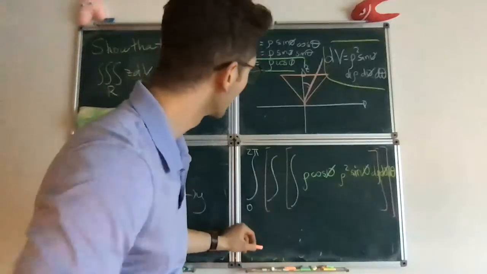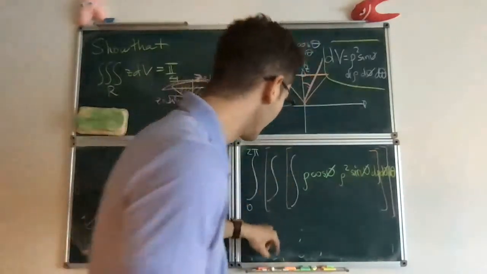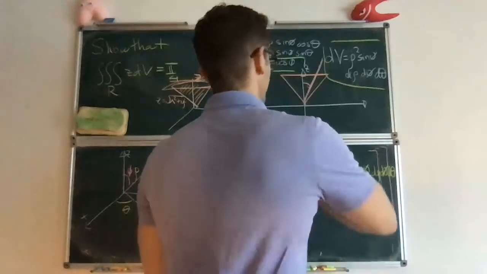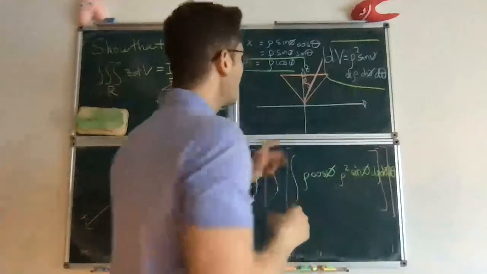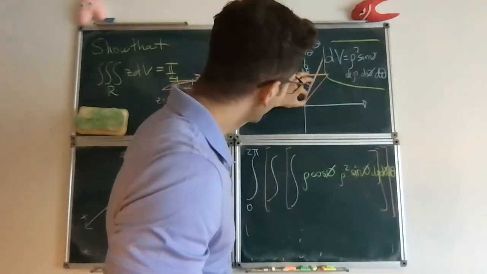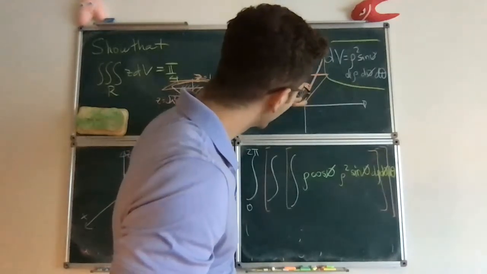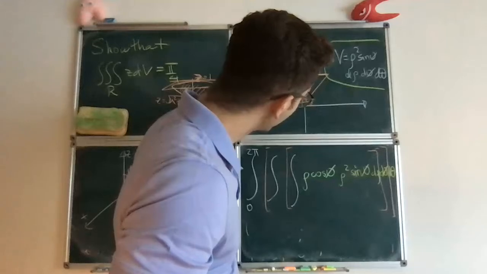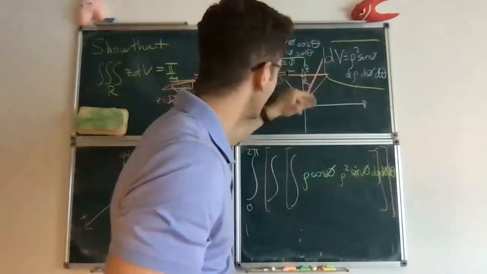Okay? And so notice that for this fixed angle of phi, let's just fix it here. The rho is basically the distance from the origin. So rho is just going to be measuring the distance from a point on this segment to the origin. So obviously it's going to be changing because the distances from the points to the origin are not the same.